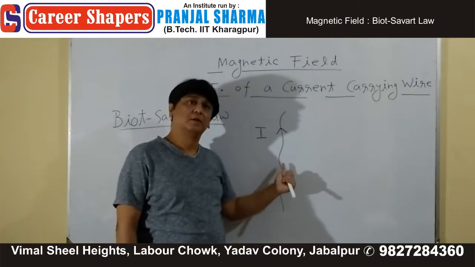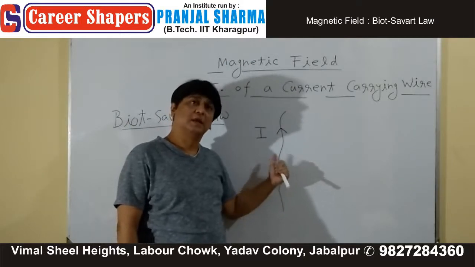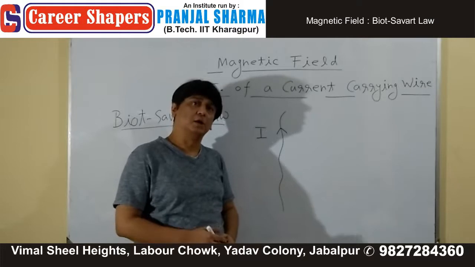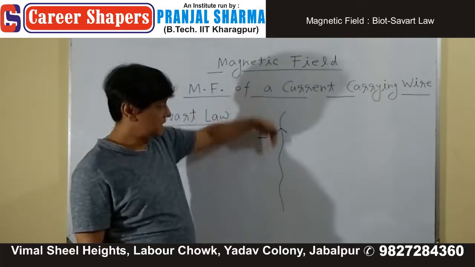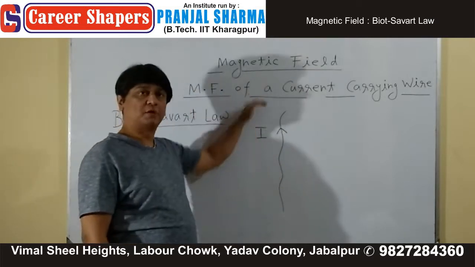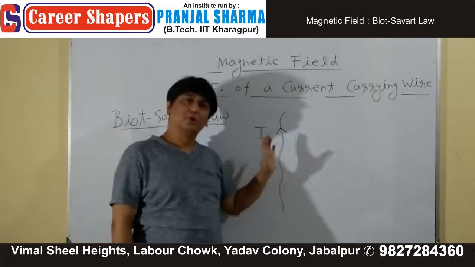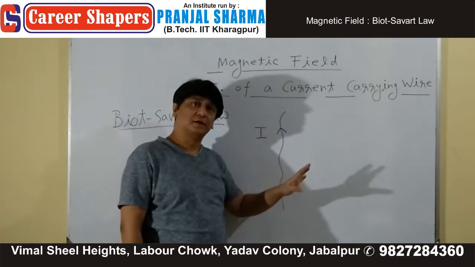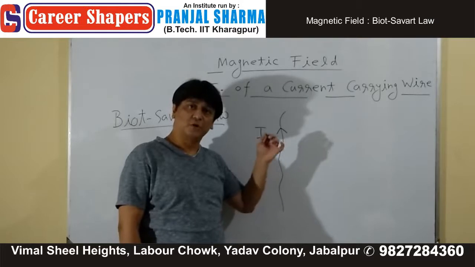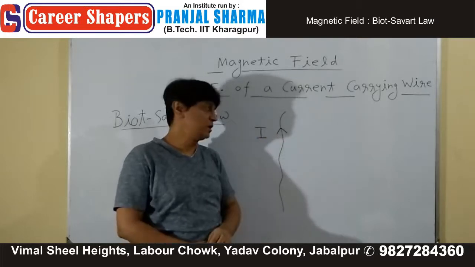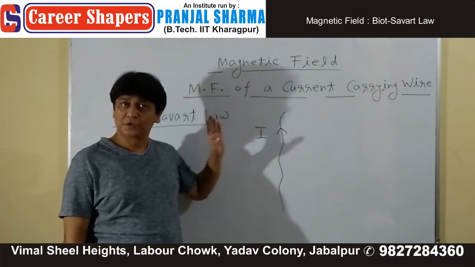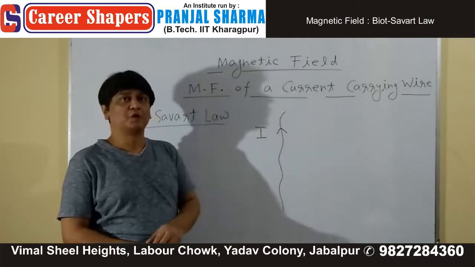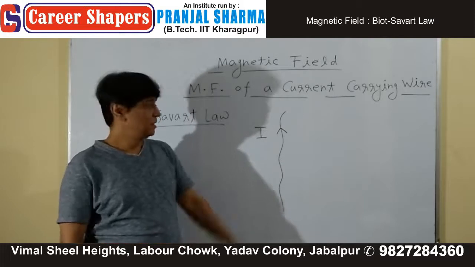A wire is electrically neutral. It has negative electrons which are moving in this direction, opposite to the direction of current, but it also has static nucleus, positive charge which is present inside the nucleus. Positive charge which is static is only producing what? Electric field.